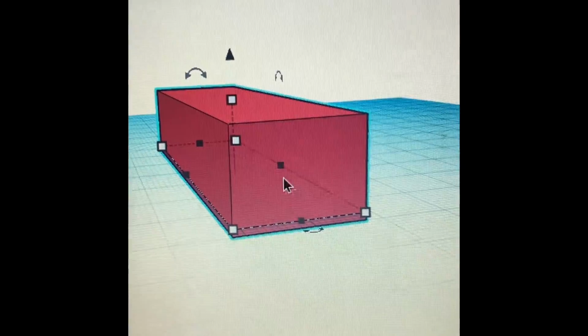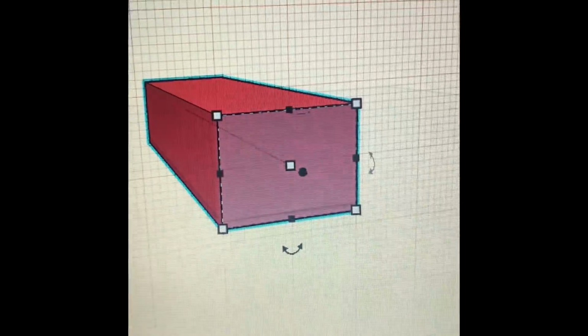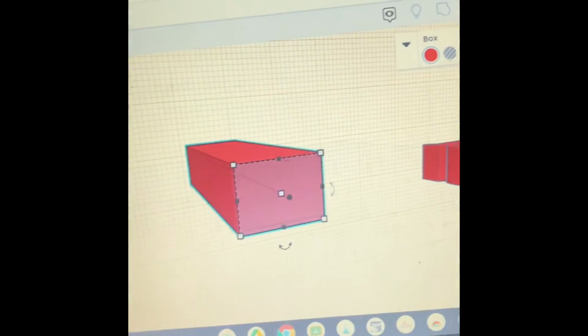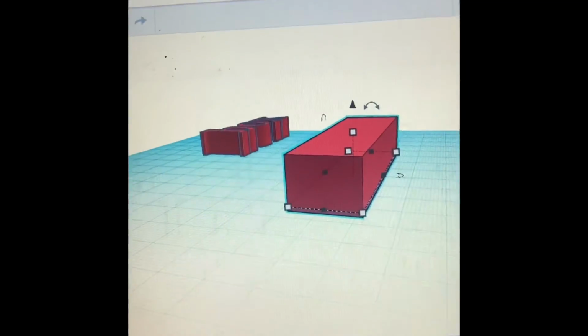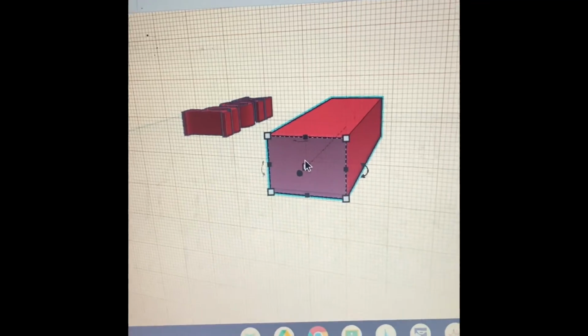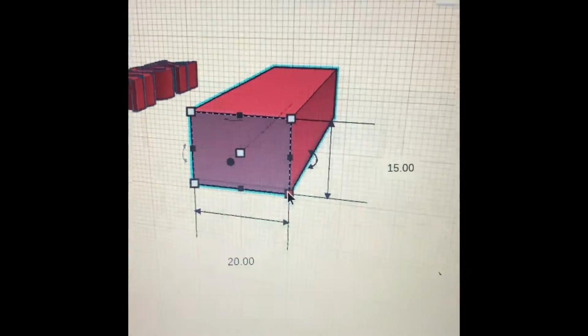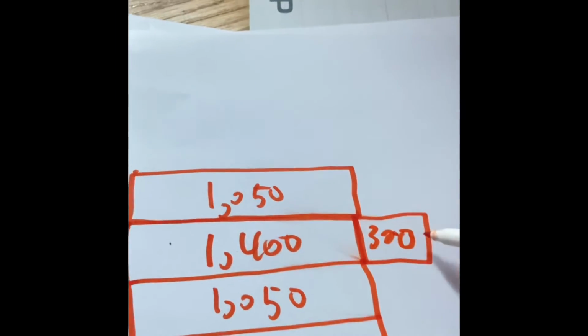What is the area of this rectangle right here? We'll be able to find the other rectangle, because the other side is pretty much the exact same thing. So 20 multiplied by 15 gives us 300 millimeters squared.